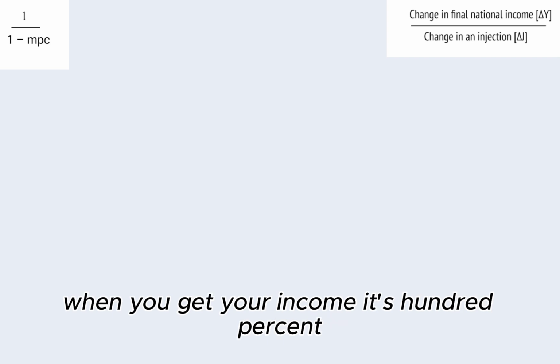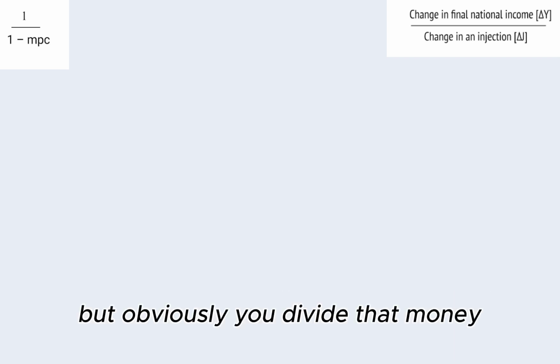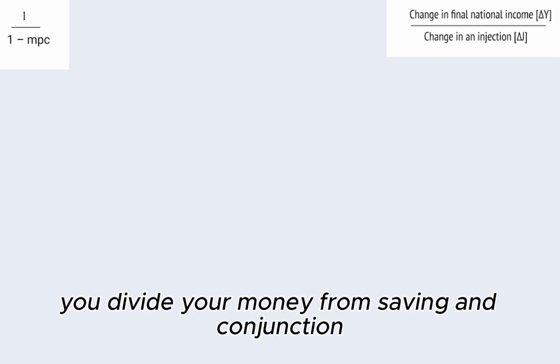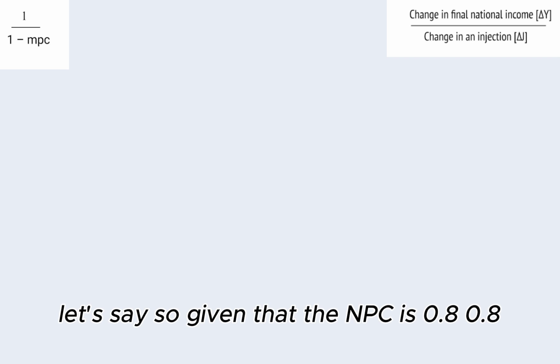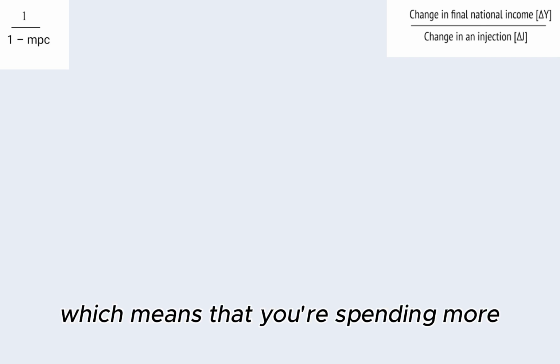But obviously you divide your money between savings and consumption. You save less and you consume more. So given that the MPC is 0.8, it means that you're spending more.